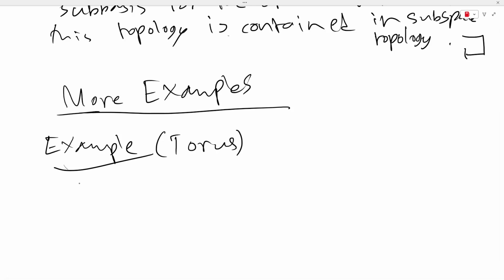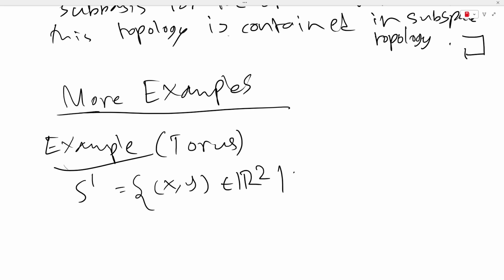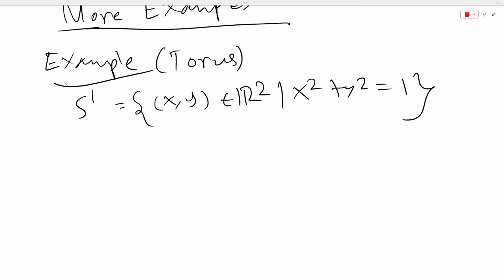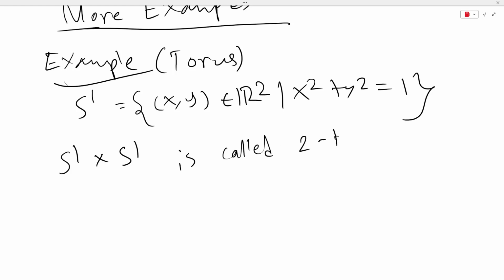S1 is called the unit circle, which is defined as the set of all points (x, y) in R2 such that x squared plus y squared is equal to 1. Now if we take the product S1 times S1, it is called the 2-torus. It's like the topological surface of a donut.